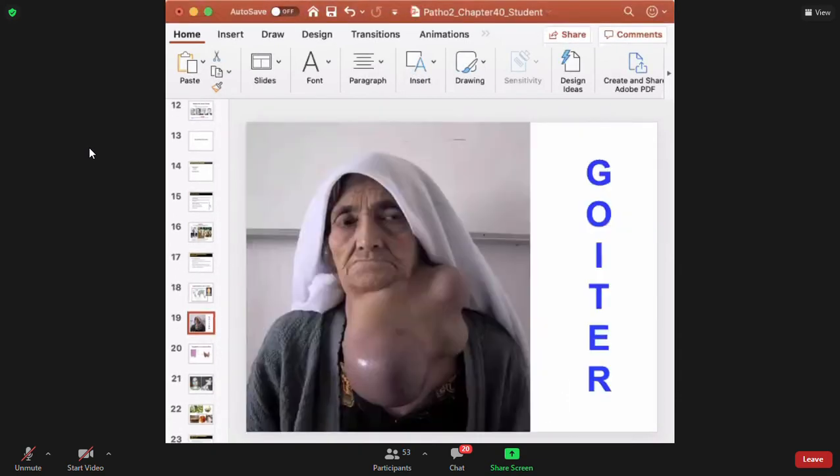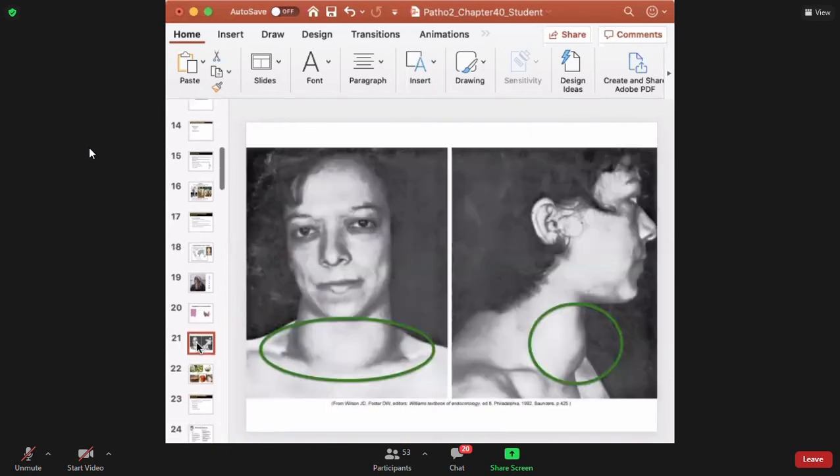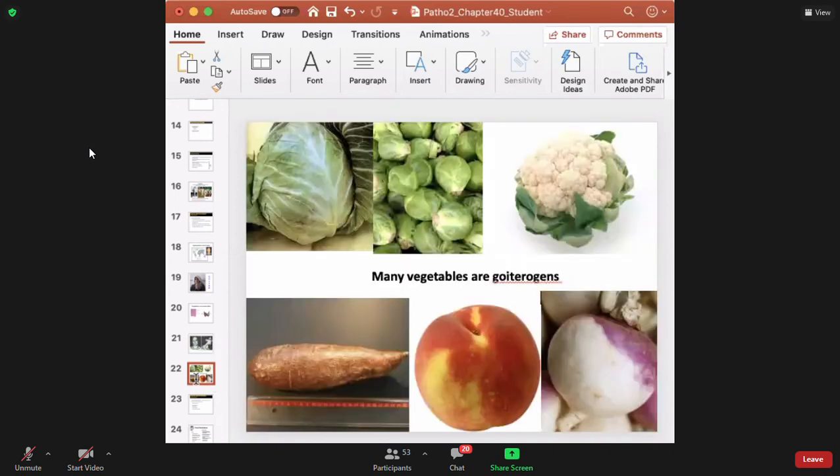So goiters are basically an enlarged thyroid, right? And typically because the thyroglobulin inside the thyroid follicles is increasing, that causes swelling of the thyroid, which is found in the anterior portion of the neck, so you can really see it there.